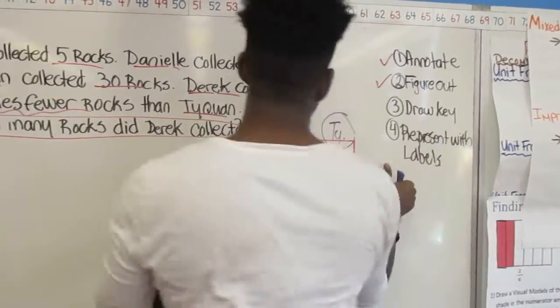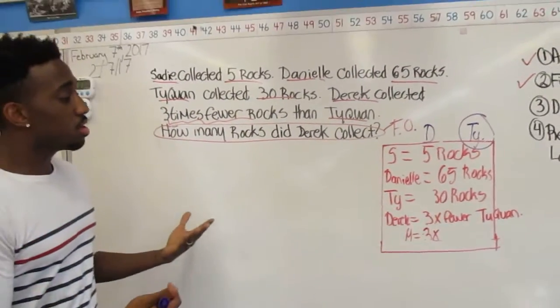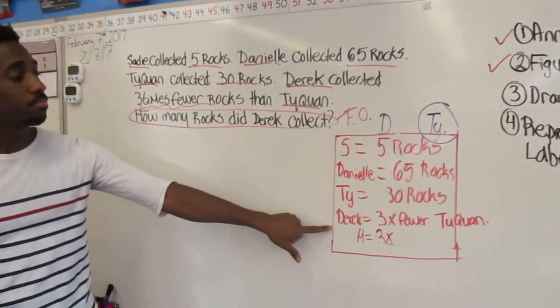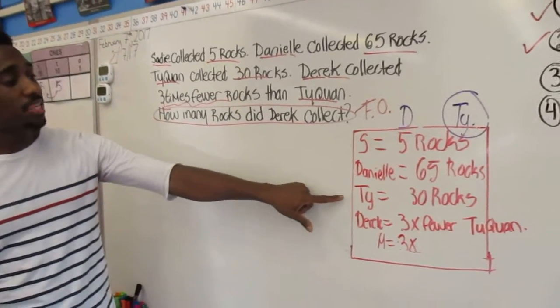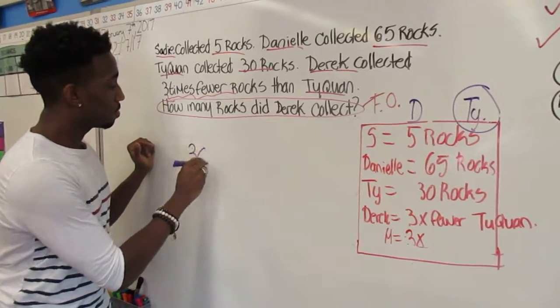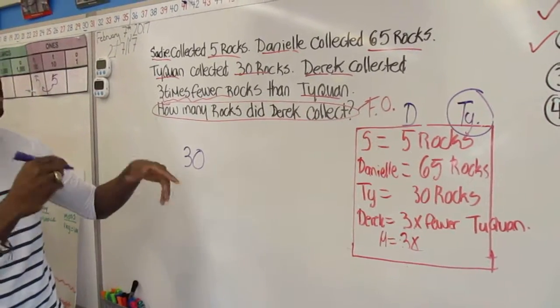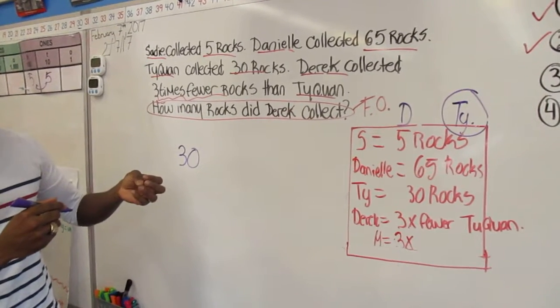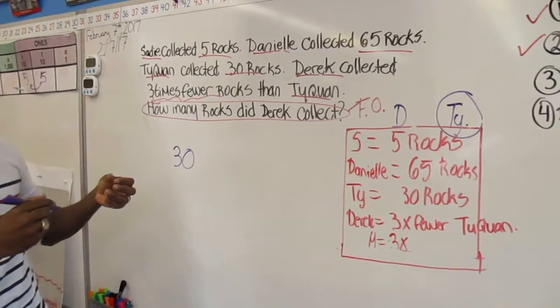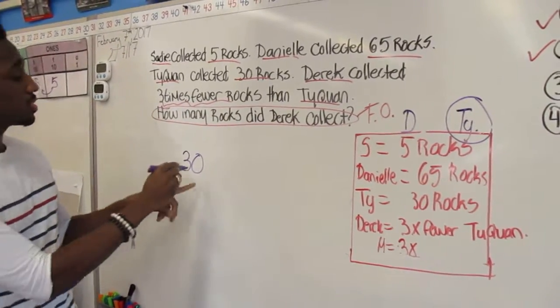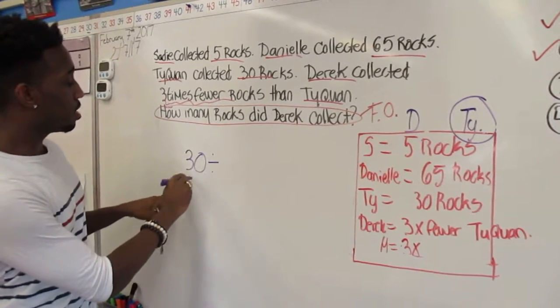So now I'm going to represent with an equation to figure out how much Derek had. I know that if Taekwon had 30 rocks, and if Derek had 3 times fewer than Taekwon, then I can do Taekwon's 30 rocks. I'm going to label this as 30.